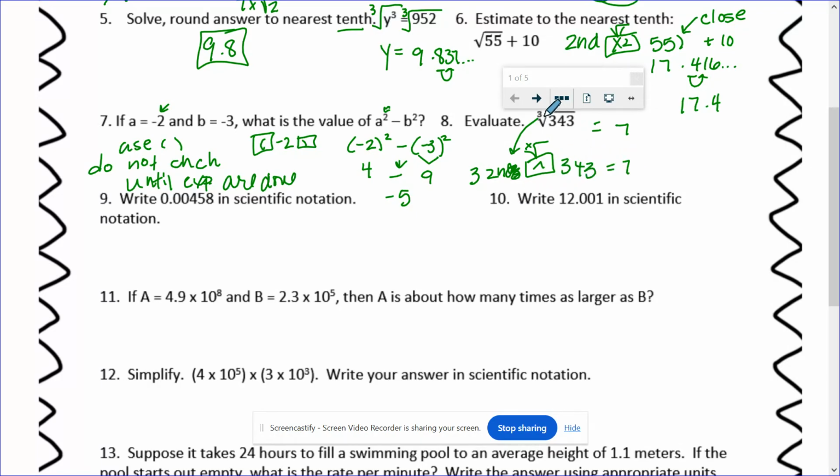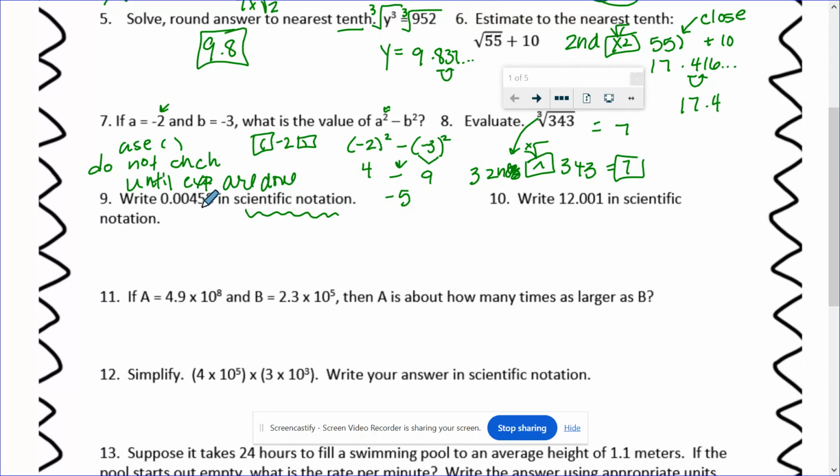So again, if it's not a square root, then you have to use this button. So you would press the root first, 3, then second function, caret, then the 343, and that would give you the answer, 7.